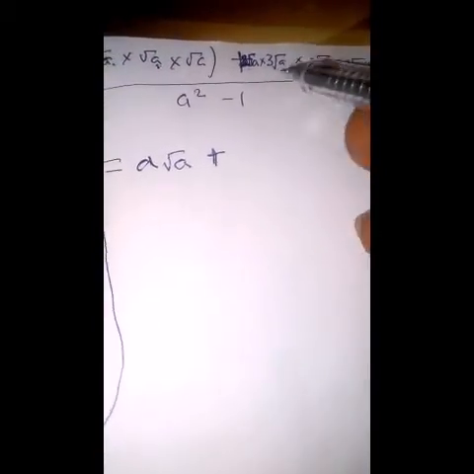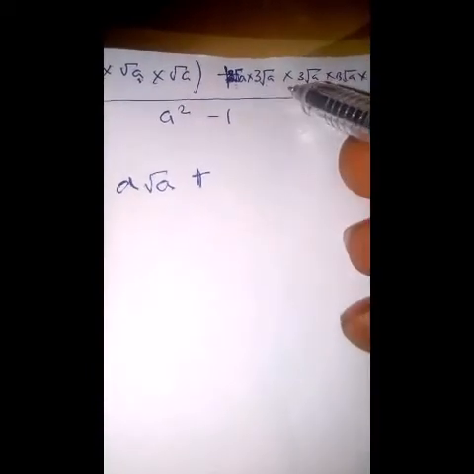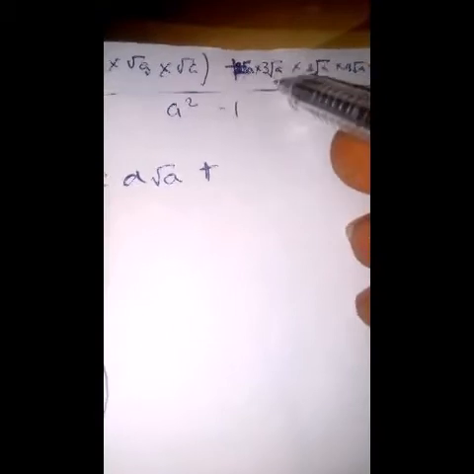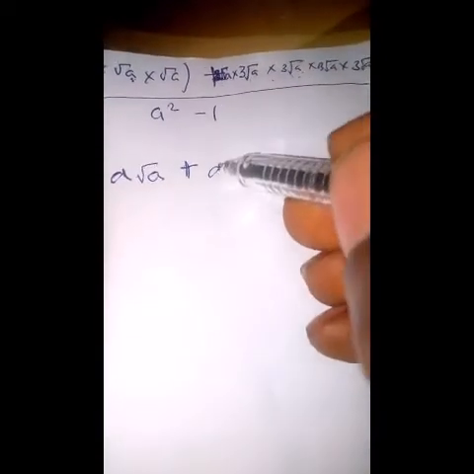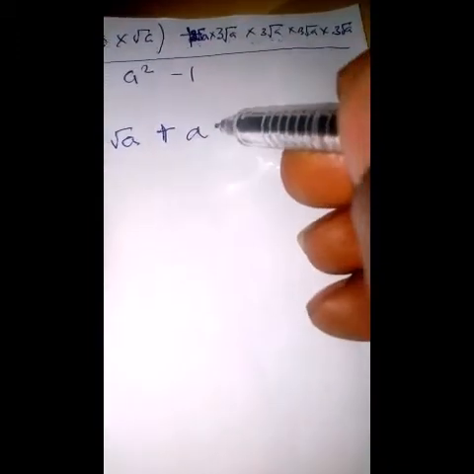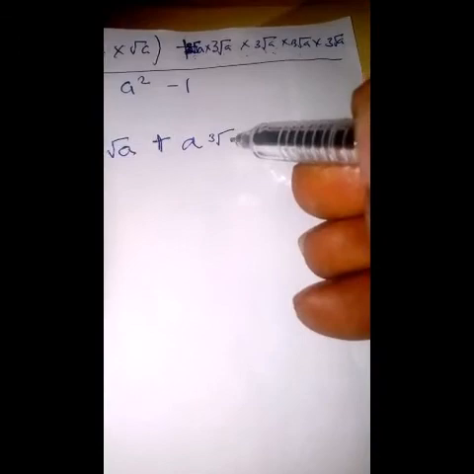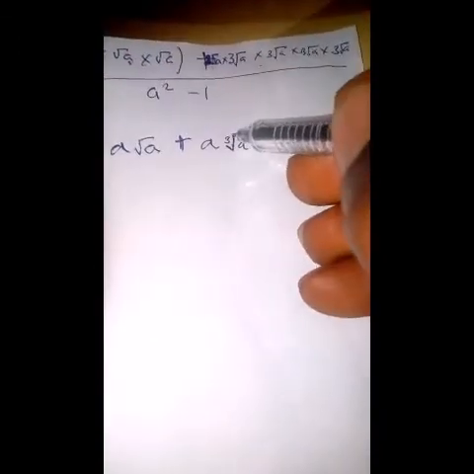Now you look at this, if you multiply three of them, cube root of a times cube root of a times cube root of a will give us cube root of a cube, and cube root of a cube is going to give us a, and we still have this. So we have a cube root of what? A square. I believe you are with me there.